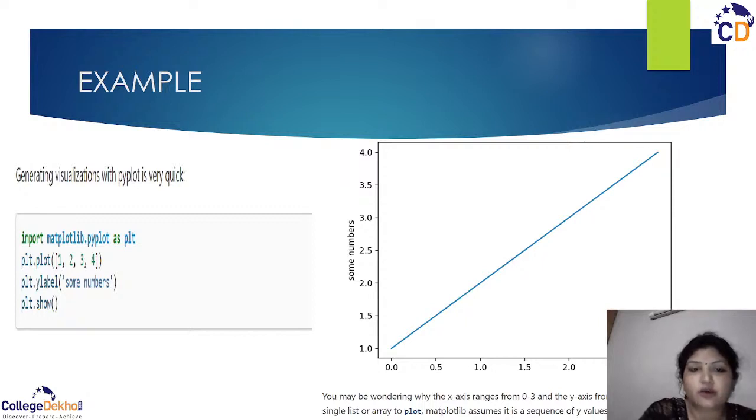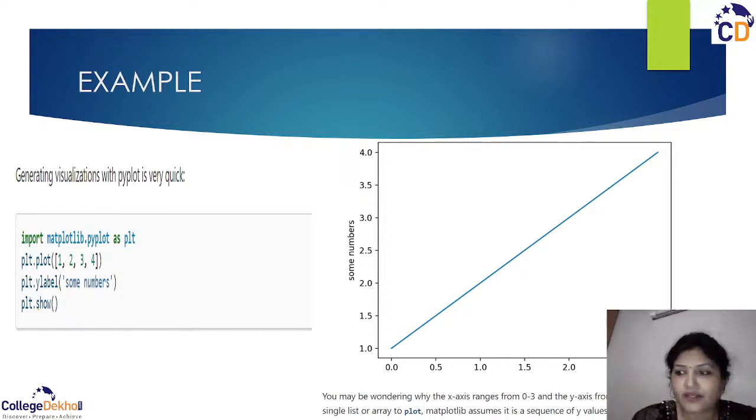On the y-axis you have 1, 2, 3, 4 and the y label is some numbers. The x-axis goes from 0 to 3, right? And then we are showing that graph, right?